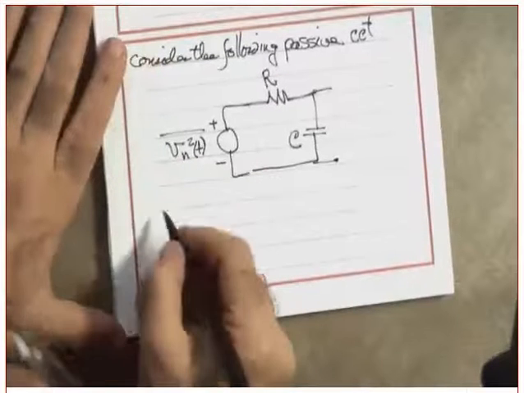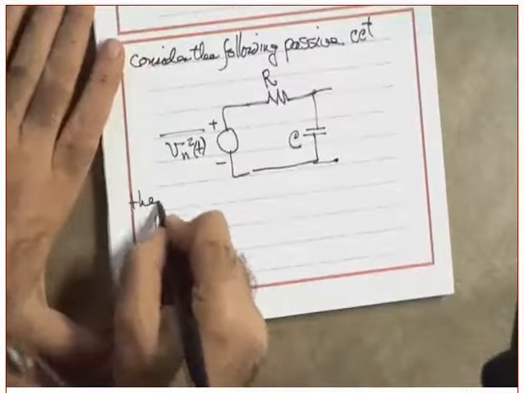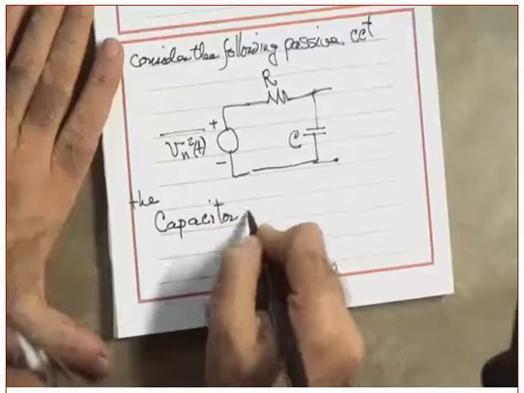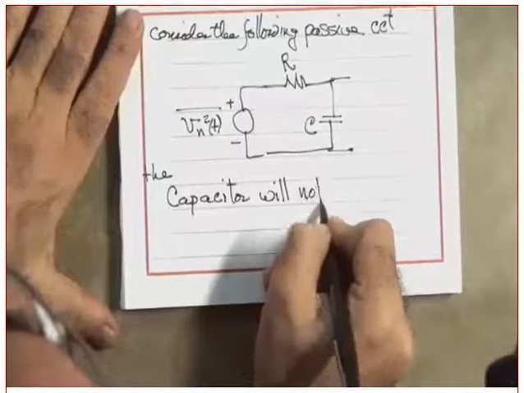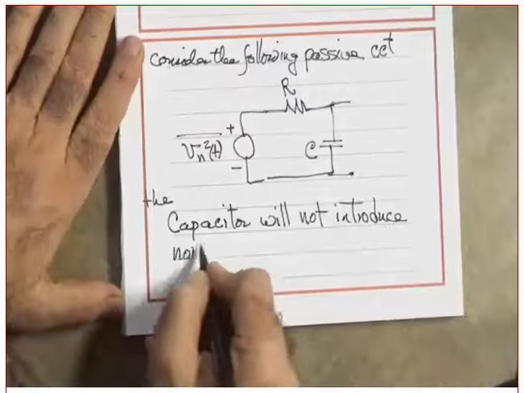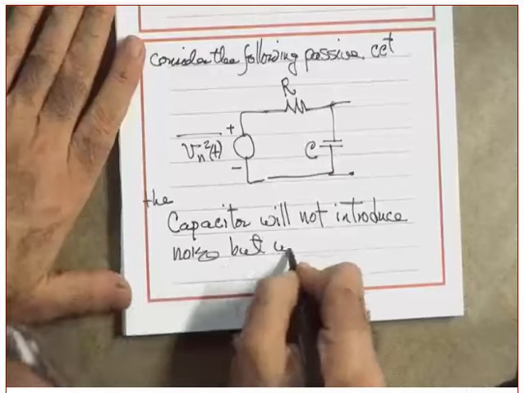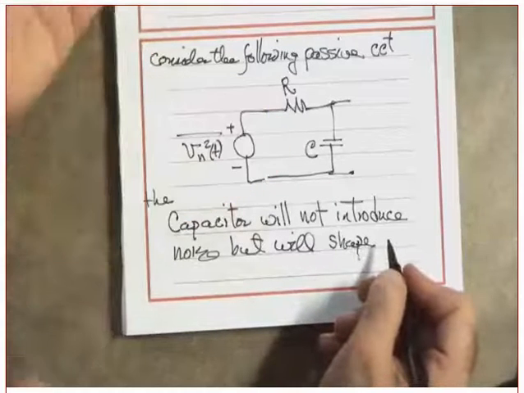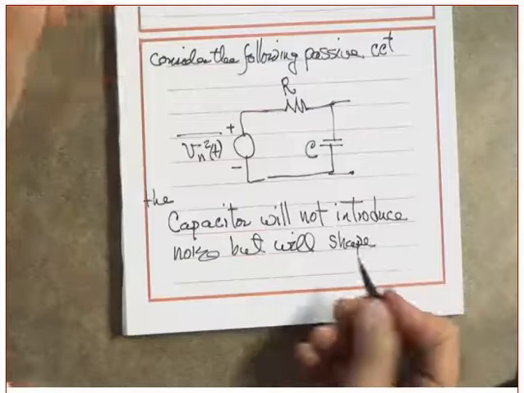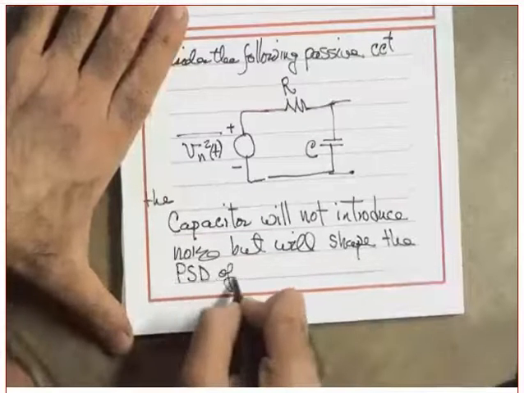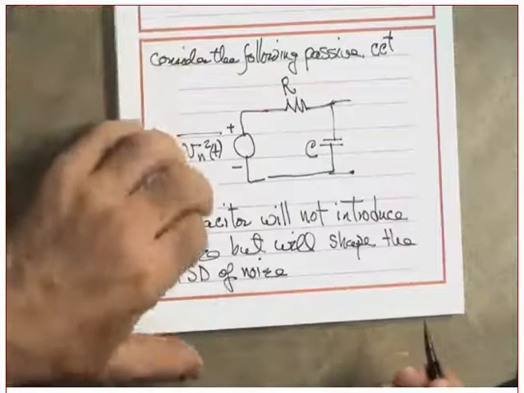So even though the capacitor, or inductor for that matter, will not introduce noise, it will shape it. Why is it shaping? This is acting as a filter, a low-pass filter. Yes or no? Okay, but it will shape the power spectral density of the noise. So how do we calculate the total noise power at the output?